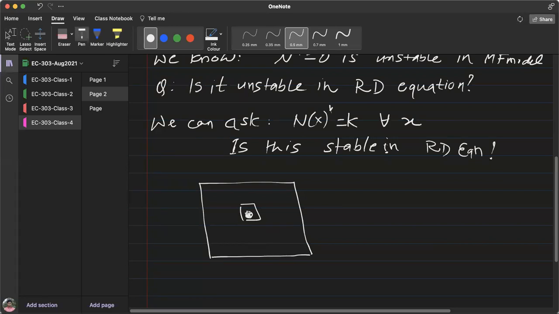Let's say I take one grid and put some population here. Now what will happen is the question. So your argument is that this seeded grid will try to reach the carrying capacity, and as it's reaching, its numbers are increasing. Is that what you're saying?